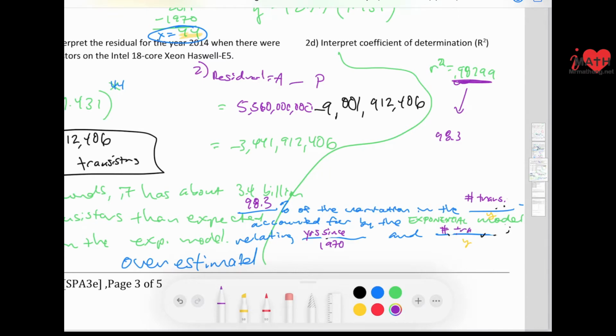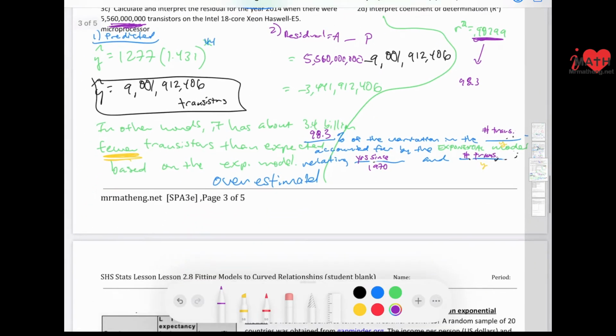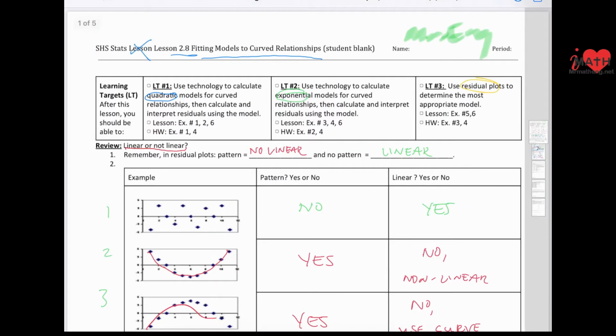So what does that mean? Our data fits very well with what we just created right here. Okay? All right, let's go on to the next page.